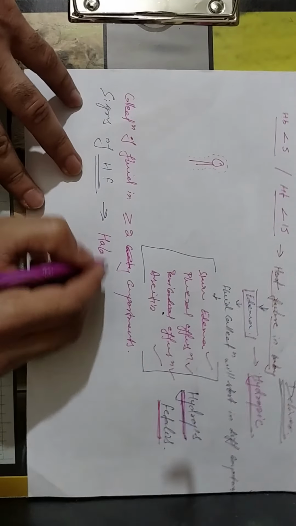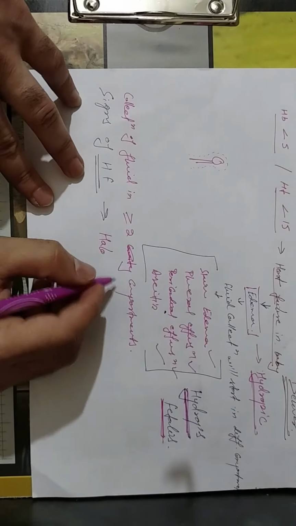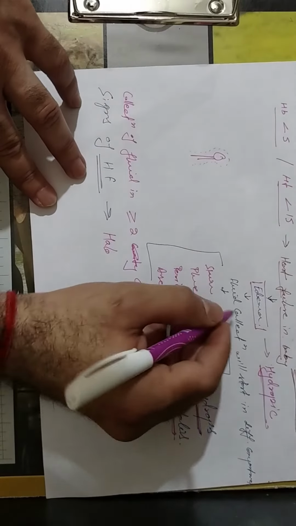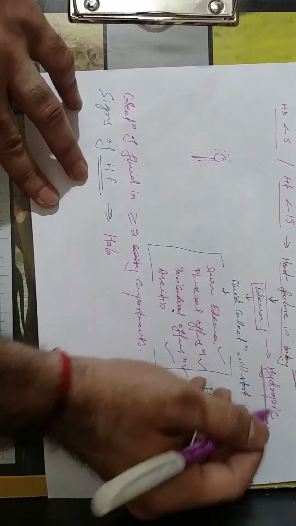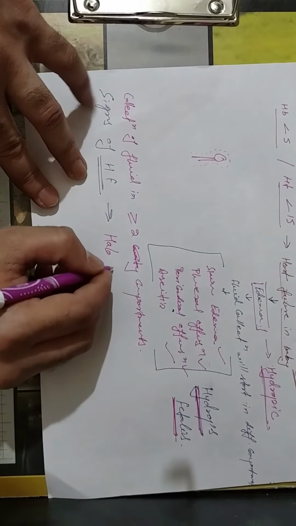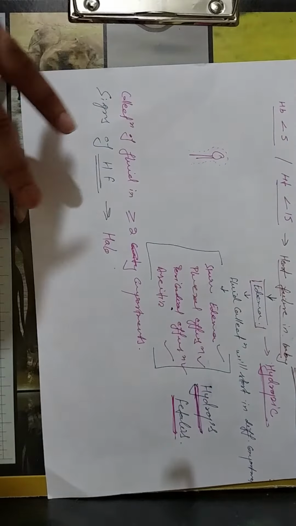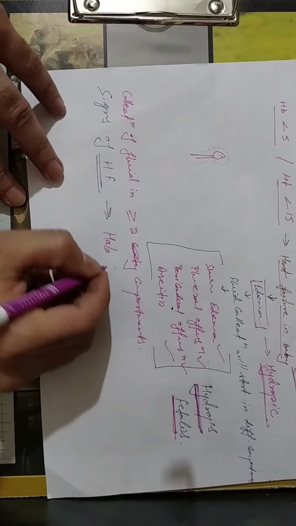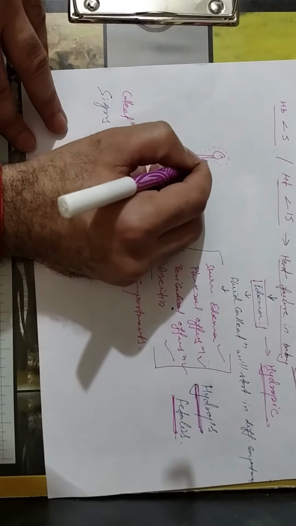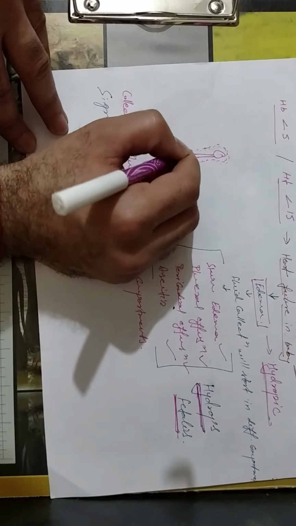So when we do USG of the fetus and the fetus is hydropic or has hydrops fetalis, because there is skin edema and the subcutaneous tissue has fluid collection, it will appear like the halo of Lord Buddha.